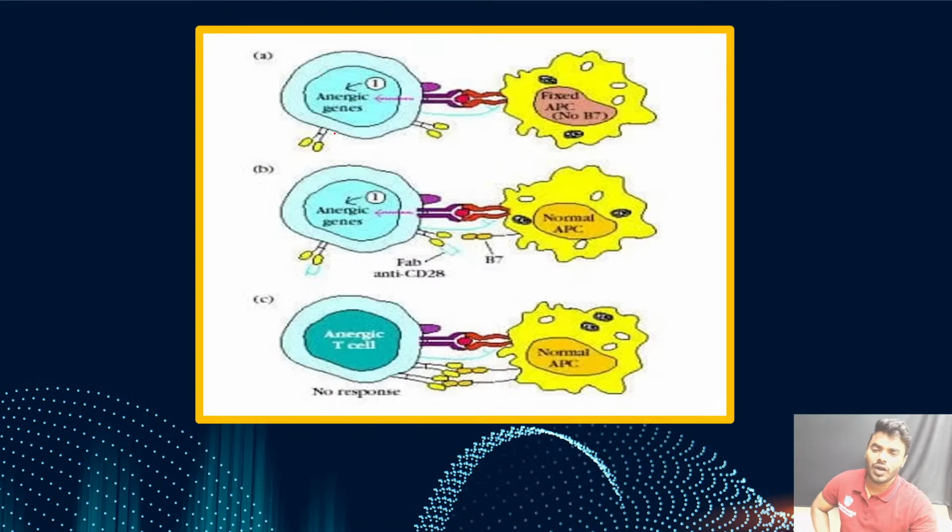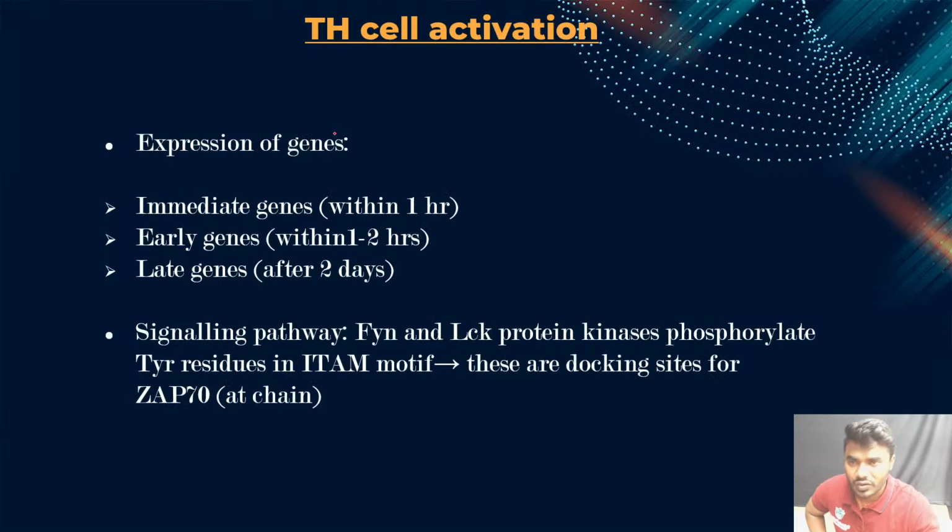Friends, I want all of you to remember a point without fail: it's not only the T cell. Listen to my words carefully. Even in the B cell also, there should be compulsory signaling. The signaling process will never be asked in the exam.